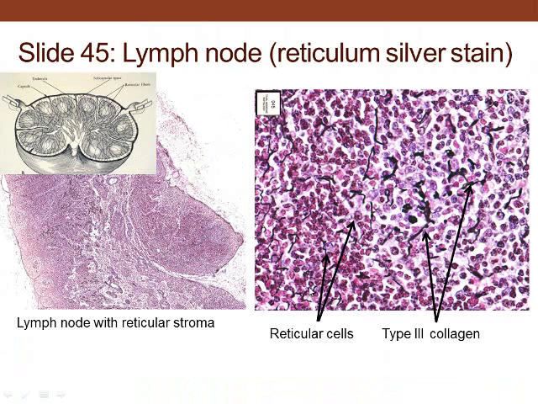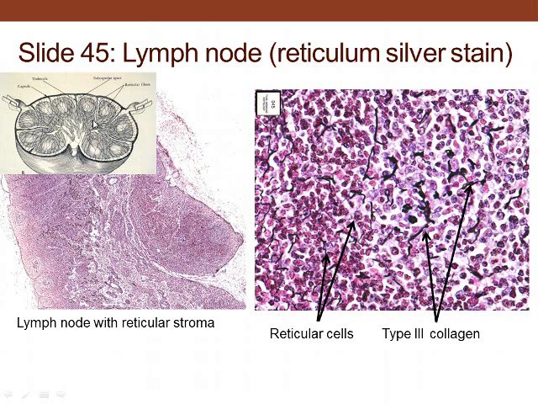So we take a look further. There's another lymph node. You can see the reticular fibers. So this is silver stained, and you can see how the reticular fibers, which are branching type 3 collagen, make a kind of fish net that the cells percolate through.